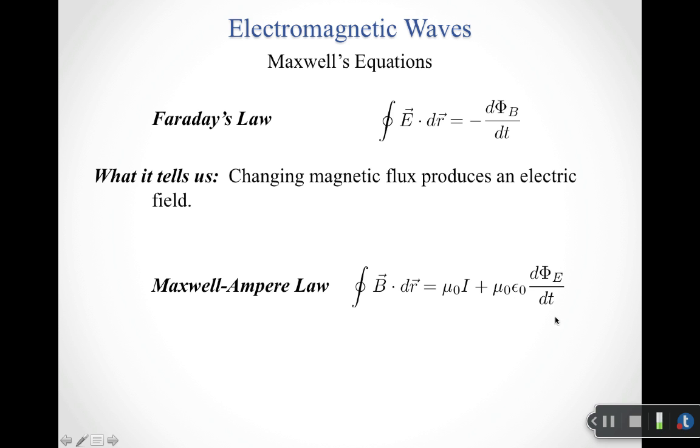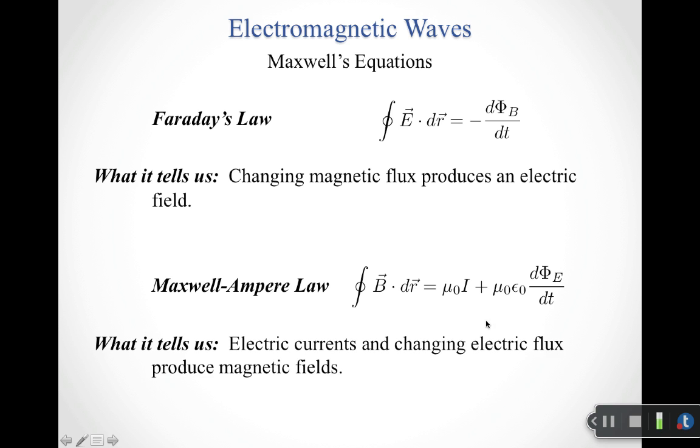This number is so small that it wasn't until you knew you needed to go look for it that you saw that sure enough, changing the electric field also does something. And what it does is it says that changing the electric flux or having an electric current, either one of those produces a magnetic field.